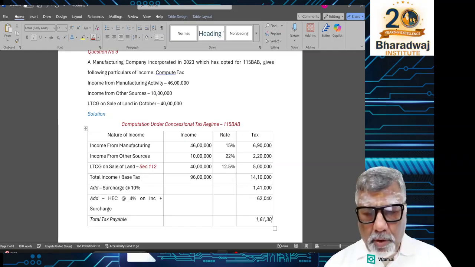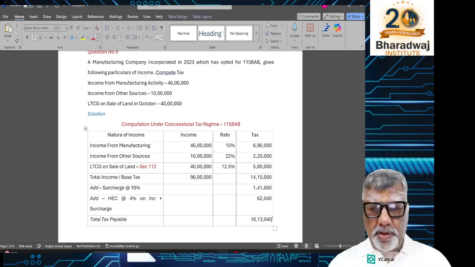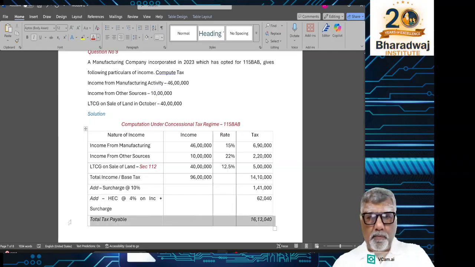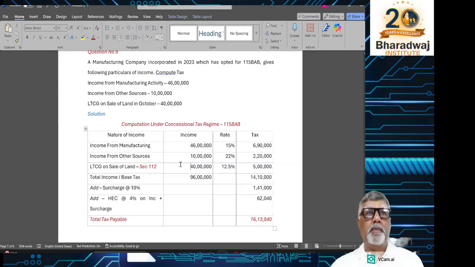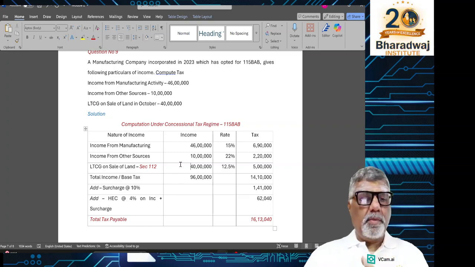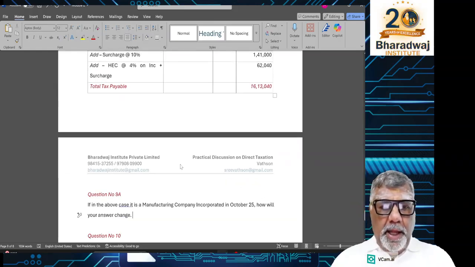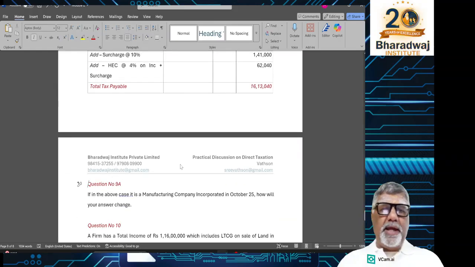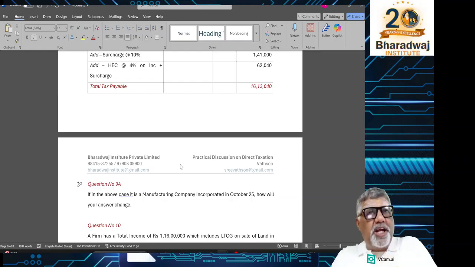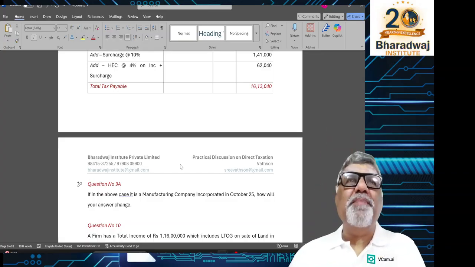16,13,040. Clear, friends? Now, if in the above case, it is a manufacturing company incorporated in October 25, you will not have that special rate of 15%.